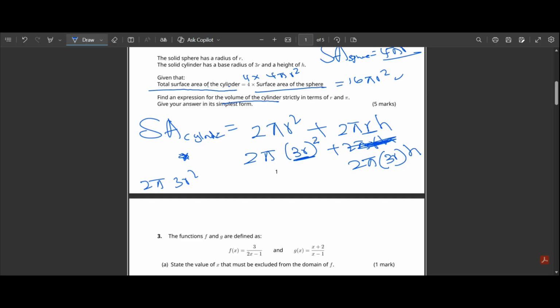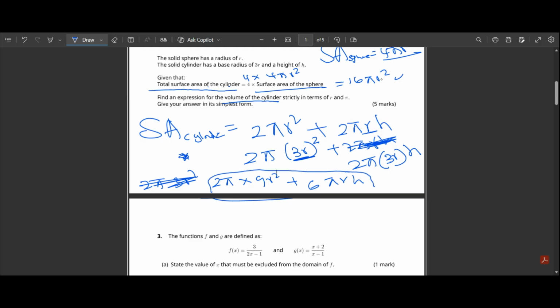It means 3 squared r squared. So it will be 2 pi into 9 r squared plus 2 into 3 is 6, 6 pi r h. So this is the formula for the total surface area of the cylinder.